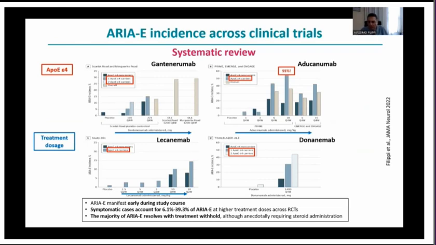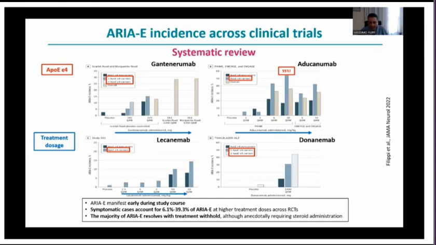What we saw in 2022 with the available data was that being a carrier of the ApoE4 allele is a fundamental way to increase the risk of ARIA-E incidence, as well as treatment dosage, for all the treatments that were available at that time.